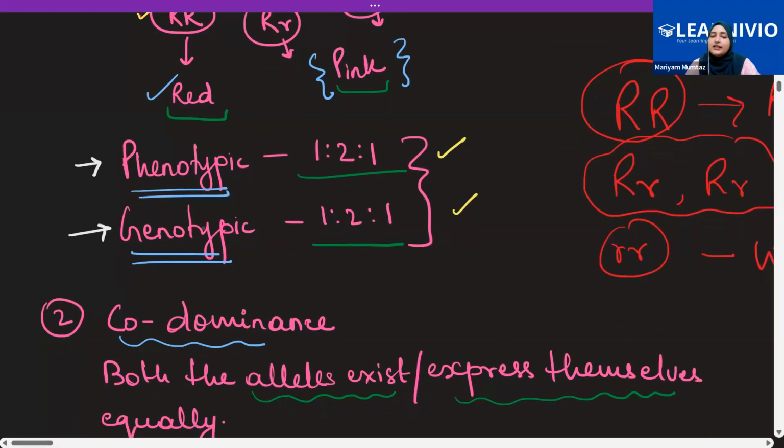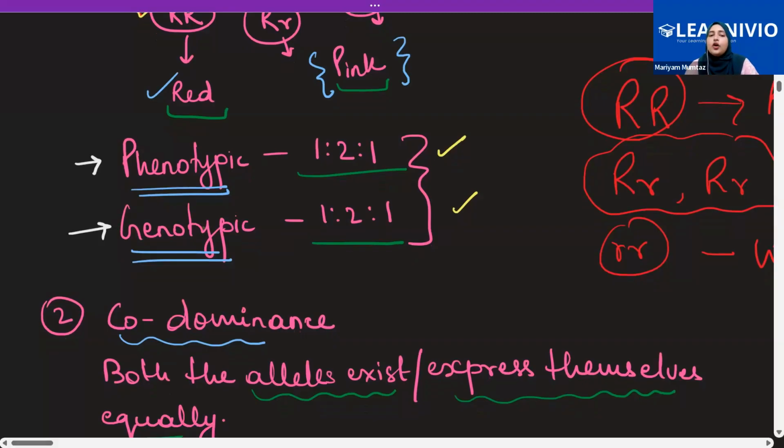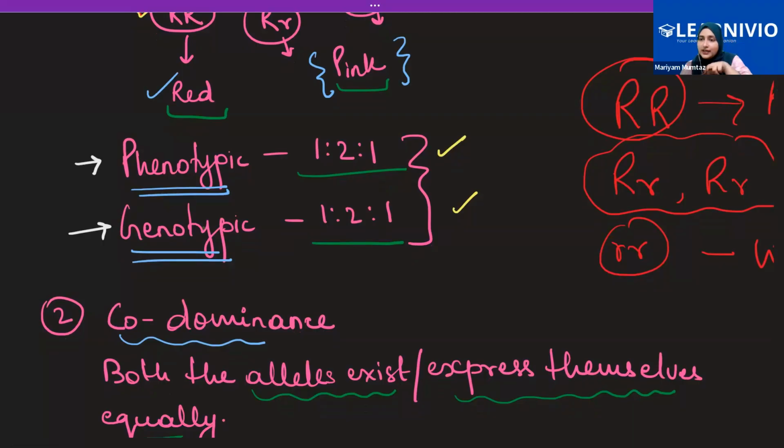The second exception is the case of codominance. You understand how co-education is there, male and female both studying together. In the same way, codominance means that two traits will be expressing themselves together. Instead of one being dominant and one being recessive, or one expressing and one getting masked, both of them are getting expressed together.